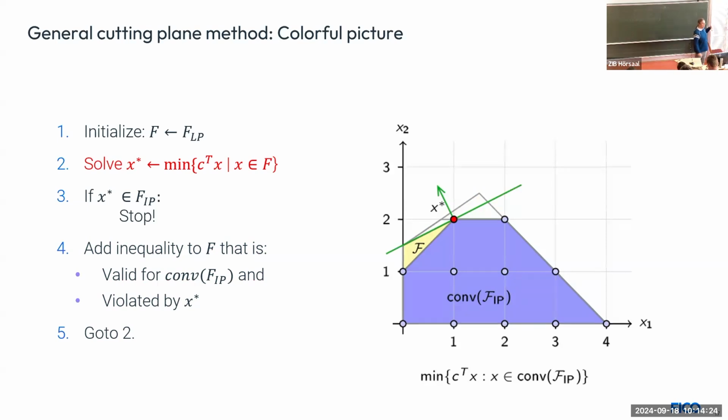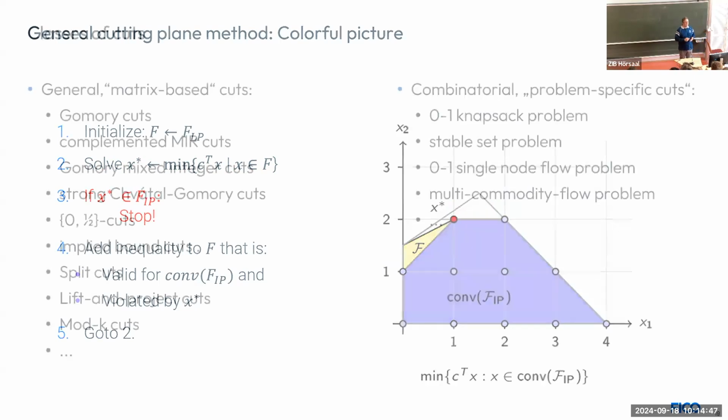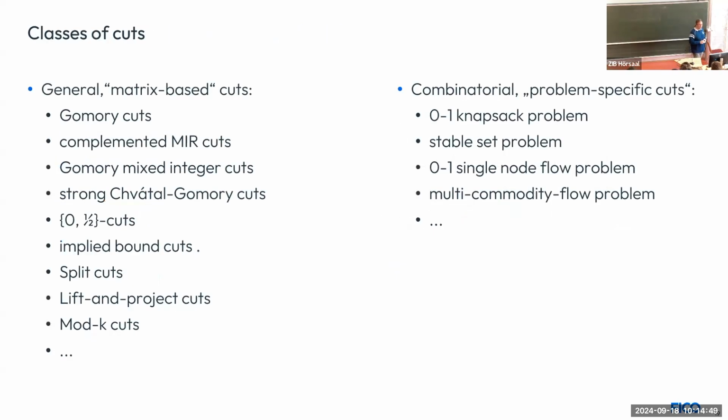So if you conduct the cutting plane method all through to the end, the first solution that you find is the optimum, unlike in branch and bound where you can find intermediate solutions. Okay, cool. We can stop the algorithm. And before going into the details of how we can find this magic inequality, I would like, as a little preview, to tell you something about what different kinds of cutting planes there are.